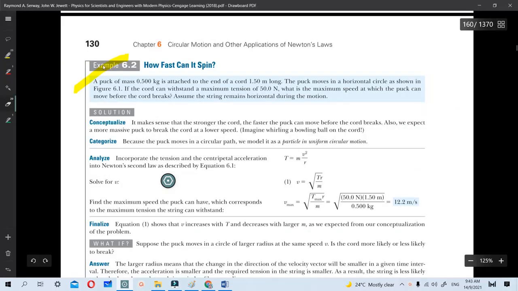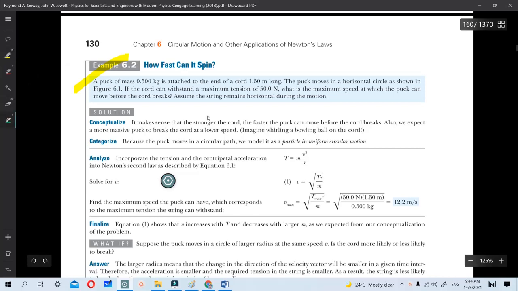Now let's turn to the book itself again. Example 6.2. How fast can it spin? A puck, a hockey puck perhaps, is attached to the end of a cord 1.5 meters long. So we can say that this is the radius. After this, we're going to draw it.